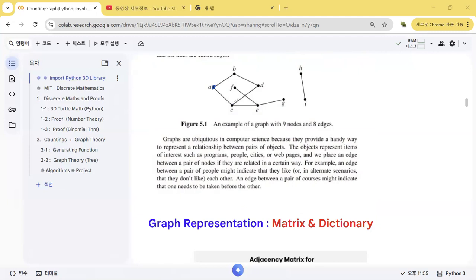And between the vertices, if there is a line between them, then this one is called an edge. Okay, edge. And this one is called the vertex.